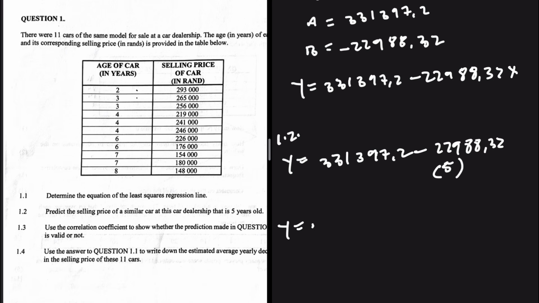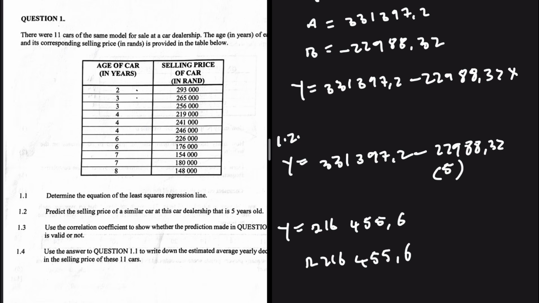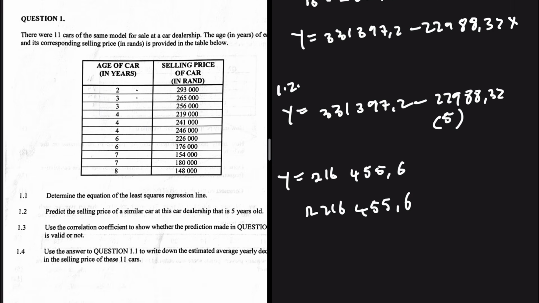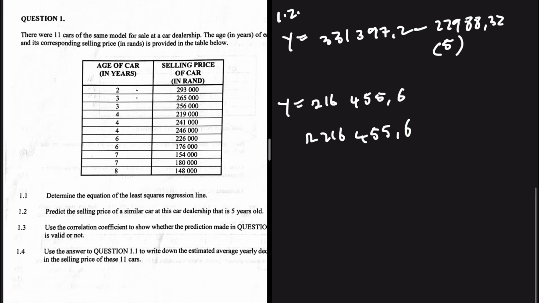This is 216,455.6. So in rands, the answer is 216,455.6, because it is in rands. So the value of A is 331,397.2 and the value of B is 22988.32 multiplied by 5. I'll explain why I'm double checking that. So that is the answer to 1.2.